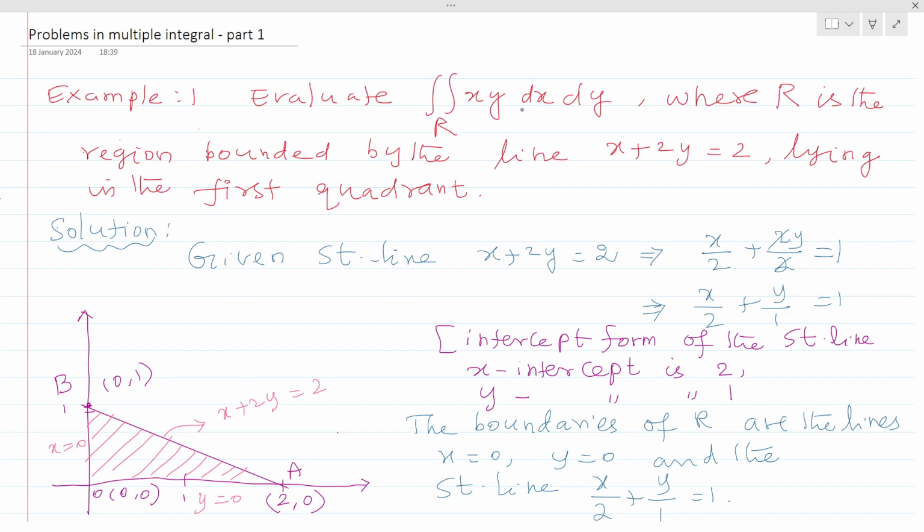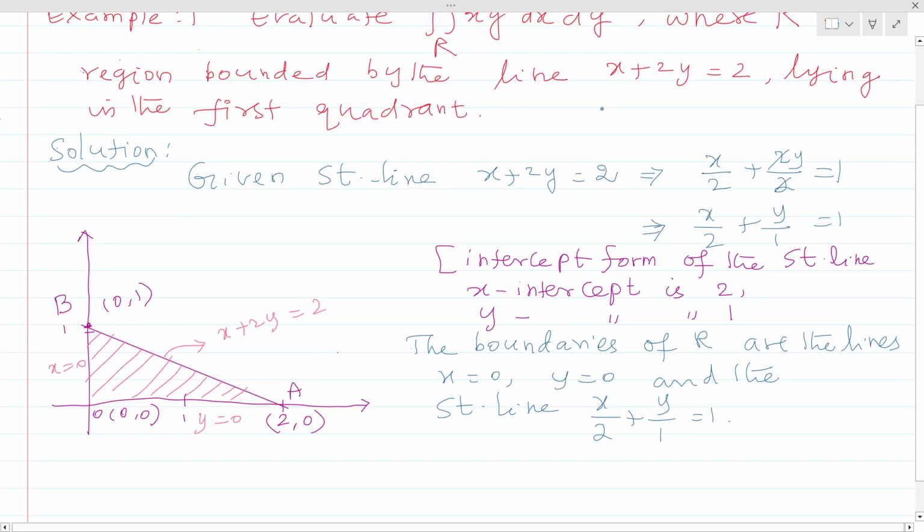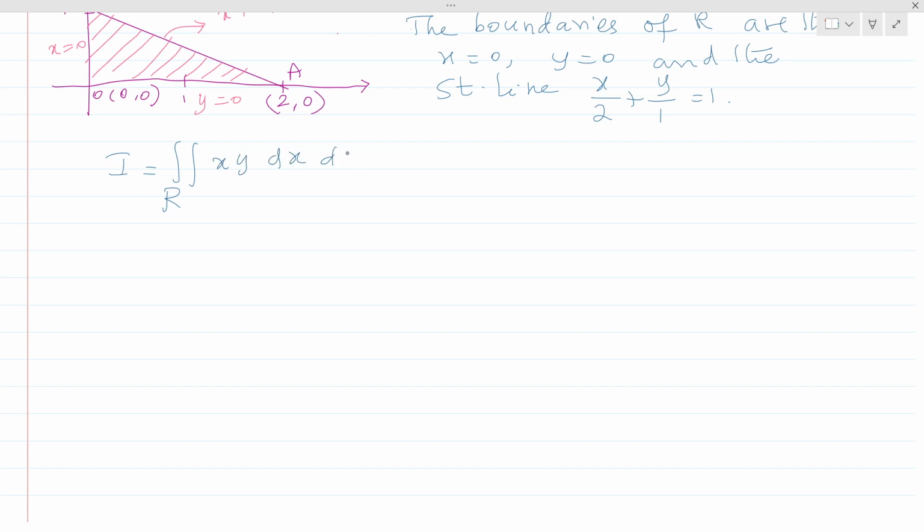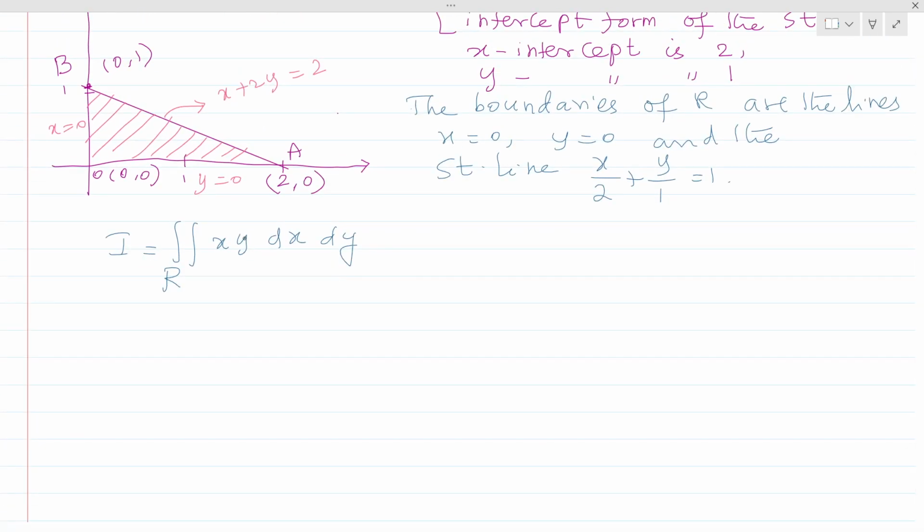Therefore arbitrarily we can take, first we have to integrate with respect to x, afterwards we can integrate with respect to y. Therefore generally we can write I equal to double integral over the region of xy dx dy. What is the inner integration here? x is the inner integration variable.